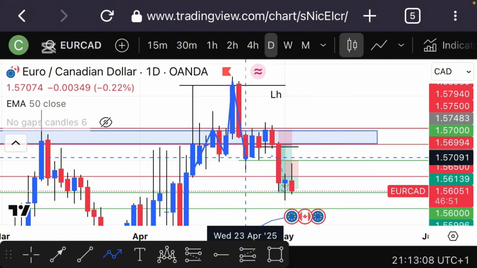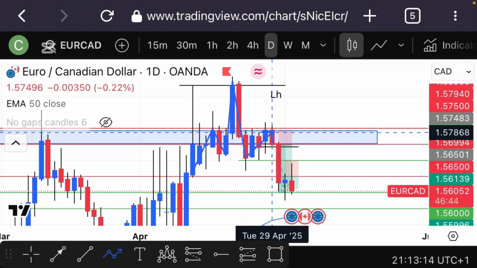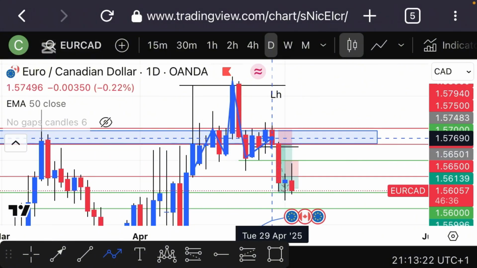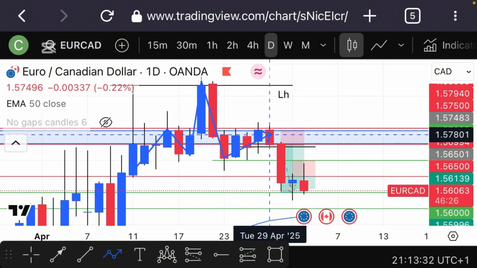So what I needed is a retracement to the area of interest that I drew here as the market came here. It started with the daily doji. This is Monday, Tuesday, Wednesday. So it started with this daily market indecision. Then we had 2 days of consolidation at this area of interest. That's why I wasn't interested in this pair.